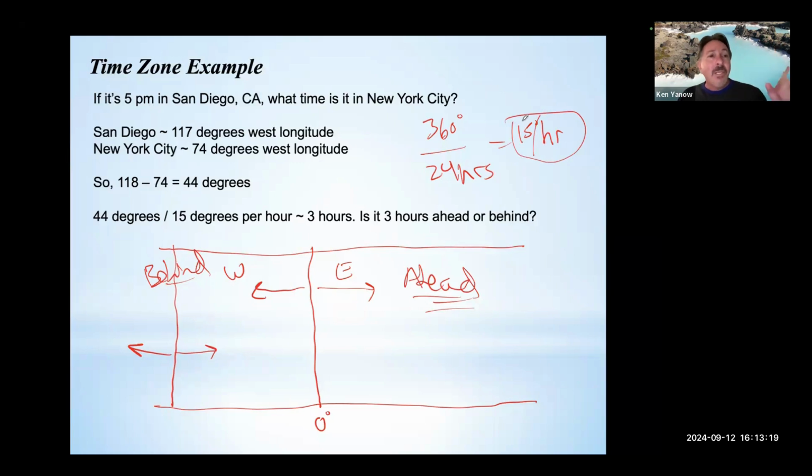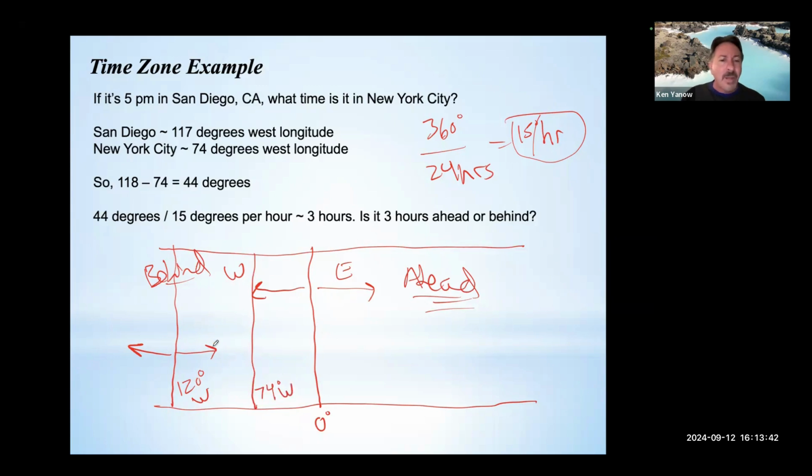And if there are 24 time zones on the planet, that means each time zone is separated by 15 degrees of longitude. So, here in California, we assume we're at 120 degrees west. We have our counterparts in New York, which is at around 74 degrees west.